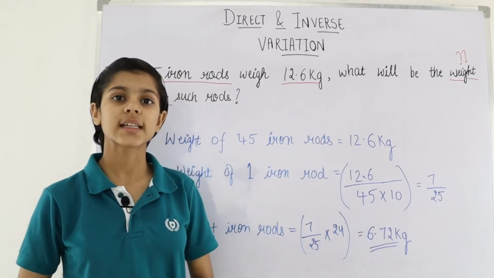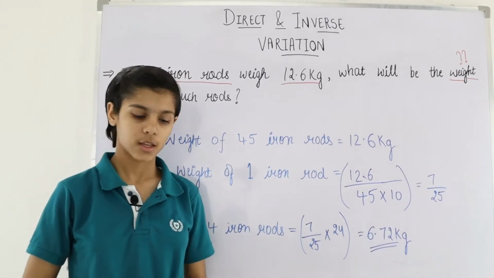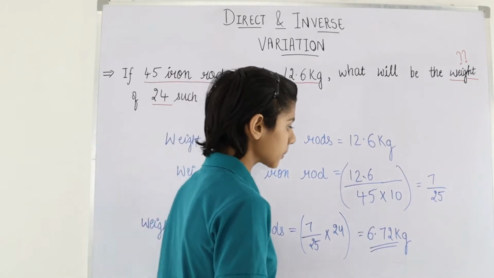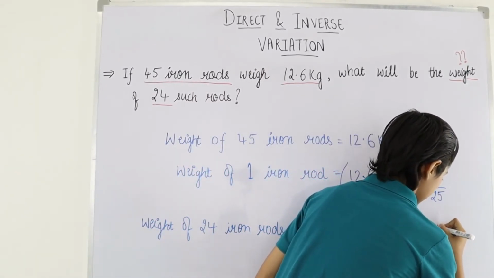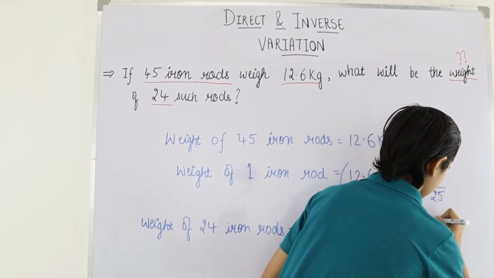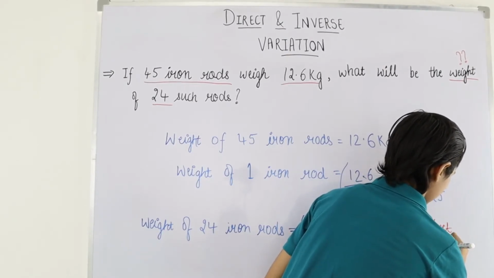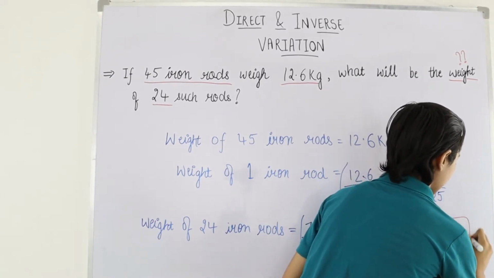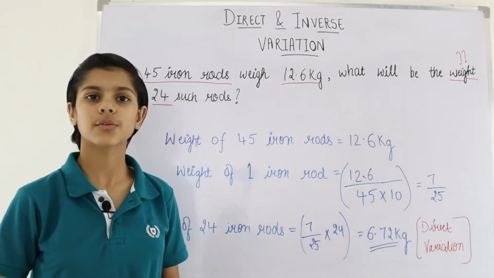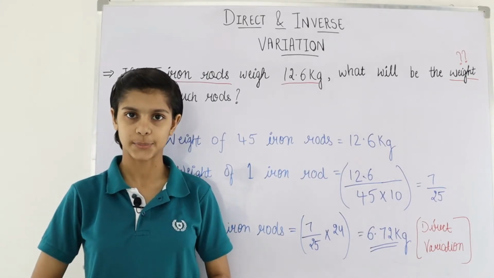So that's why it is direct variation. So we will write here in the bracket direct variation, so that we can be clear that these two variables were related to each other directly.